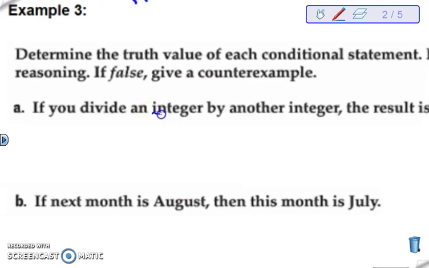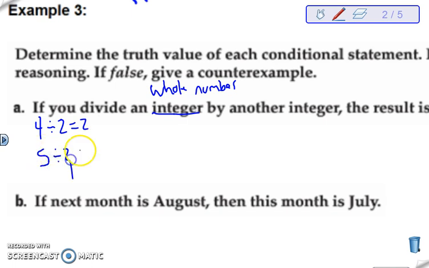First of all, we need to remember that integer means whole number, right? So no fractions, no decimals. So if I divide two numbers that don't have fractions or decimals, do I get another one of the same type? This can be true, right? So if I take 4 divided by 2, it gives me 2. But unless it's always true, it's not going to work. So what happens if I take 5 divided by 2?